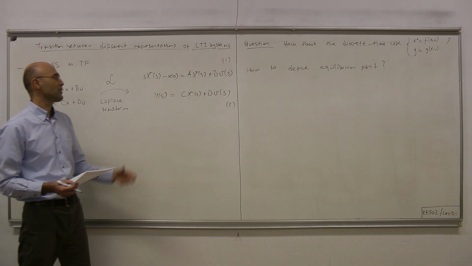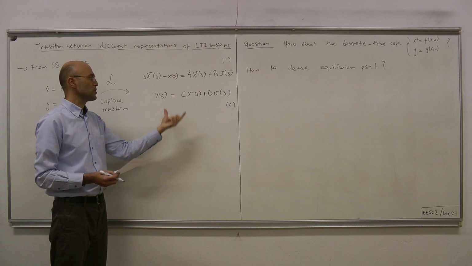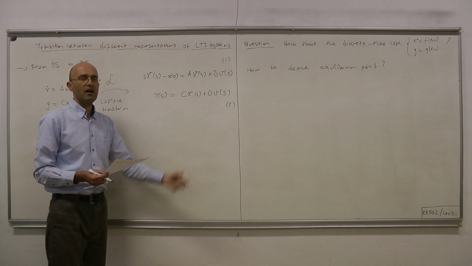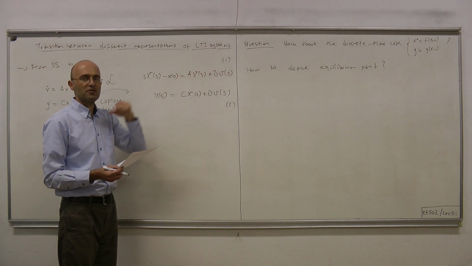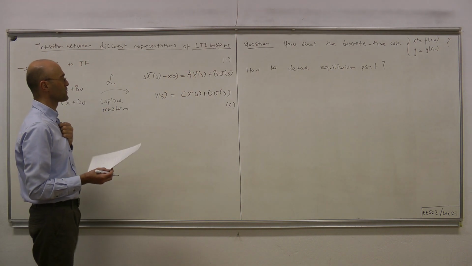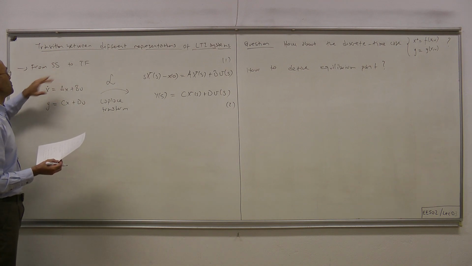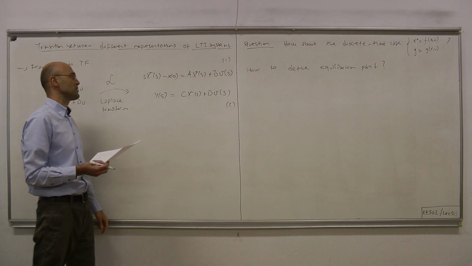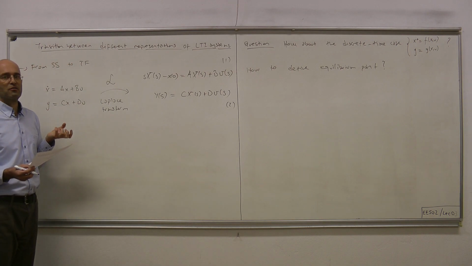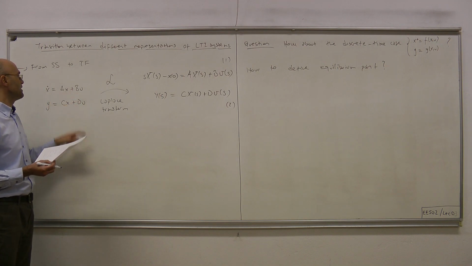In other words, the transfer function matrix is such that Y of s equals, let's call it G of s, times U of s. And the question is, what's G of s, the transfer function matrix, for a linear system whose state space representation is this? Or even more precisely, we want to obtain the transfer function matrix in terms of our parameters A, B, C, and D.